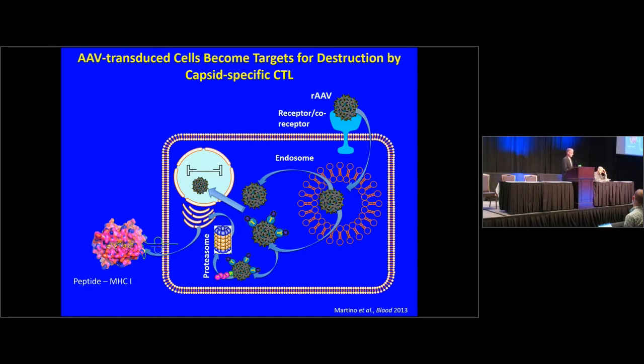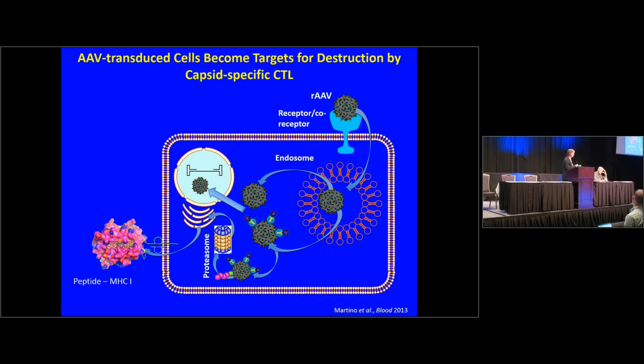So how does a cell that's transduced with AAV become a target for cytotoxic T lymphocytes? After all, our vectors do not express AAV capsid, but we have the input capsid, and that is most likely related to the biology of AAV, which is able to infect the cell by going in through the endosomal compartment, but then it needs to escape the endosome and be rerouted through the cytoplasm in order to get to the nucleus.